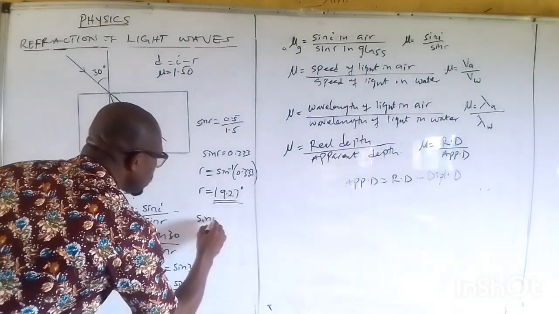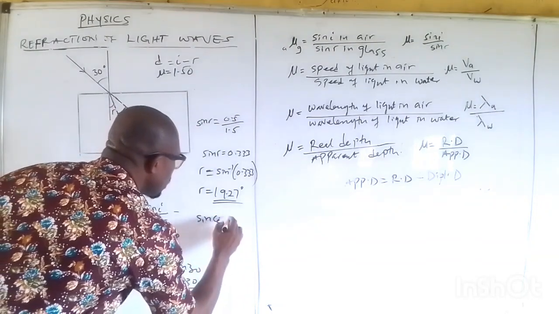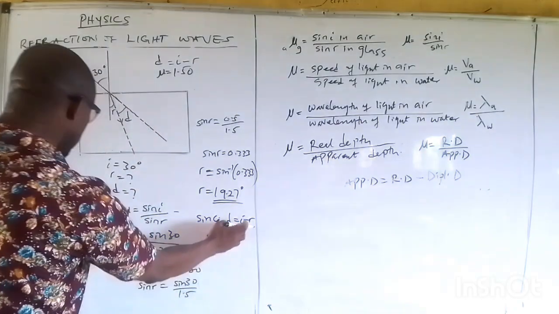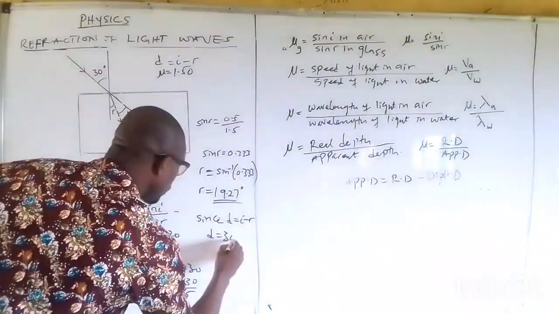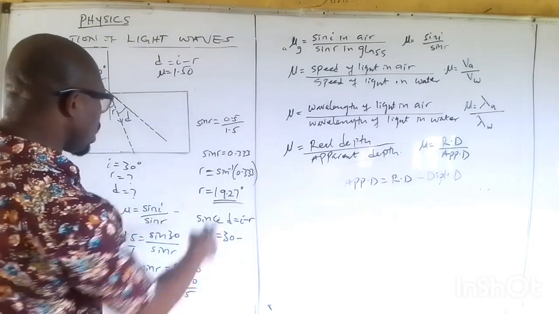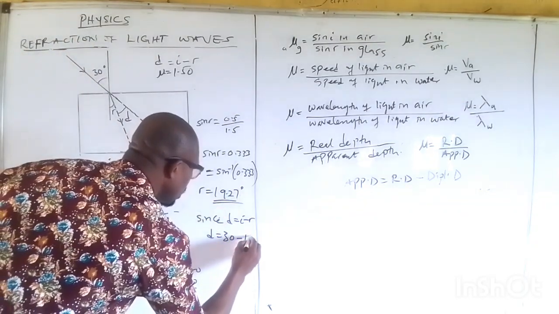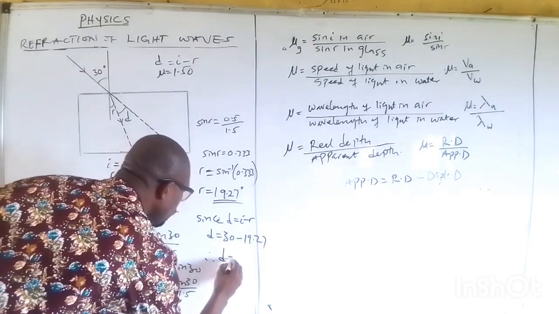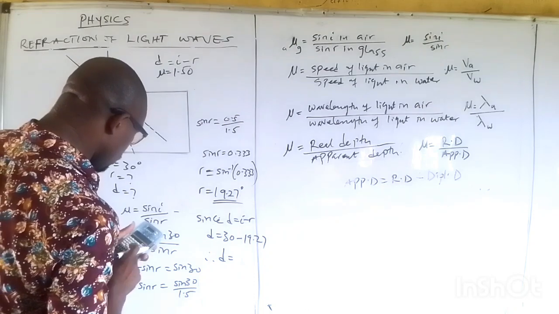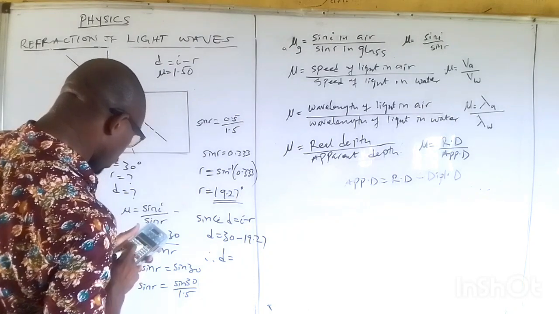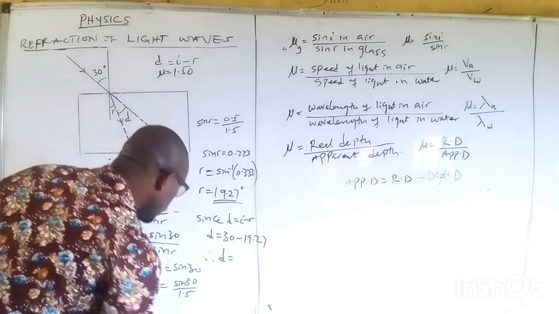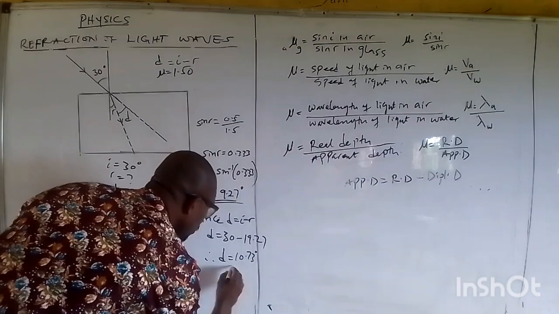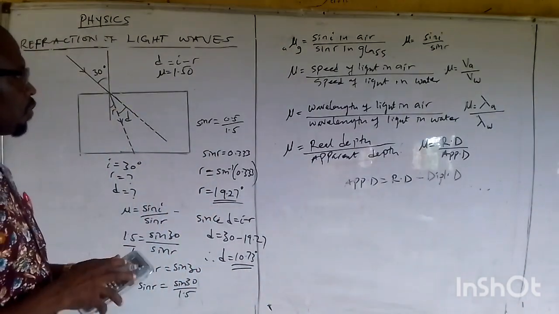Since D is equal to I minus R, the deviation is the angle of incidence, which is 30 degrees, minus the angle of refraction, which is 19.27 degrees. Therefore, the deviation is 30 minus 19.27, and the deviation will give us 10.73 degrees. So that is the angle of deviation.